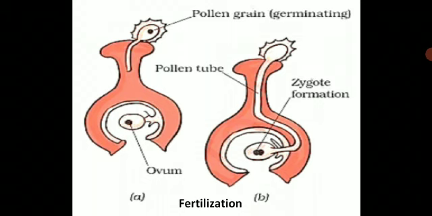Inside there are eggs, and one single pollen grain will go and meet one single egg inside the ovary, and the merging and fusion will give you a zygote, that is, zygote formation. So this is the internal structure of the pistil, the female reproductive part, where the pollen grain has landed and how it travels through the pollen tube. So please draw this diagram.